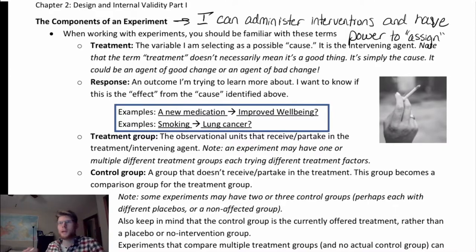So that's fundamentally what makes something an experiment, is that we actually have control to some degree about this intervention, including who gets it, and to some degree the environment that intervention takes place in.